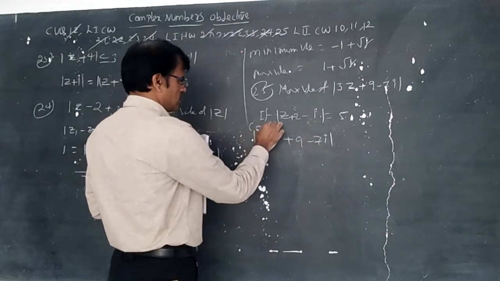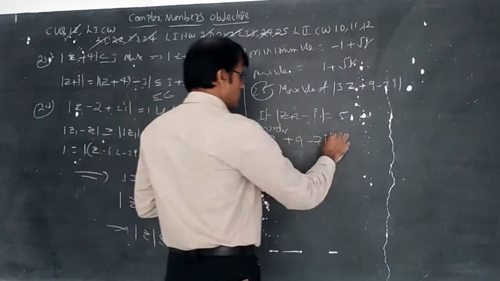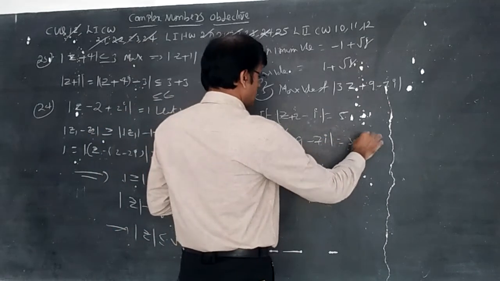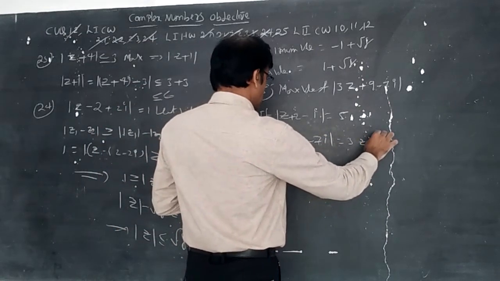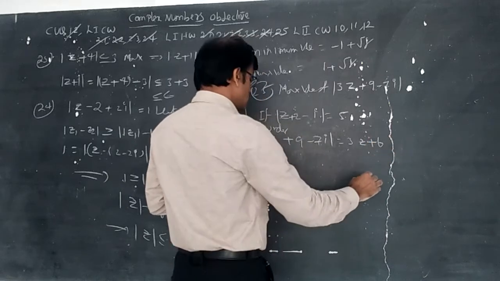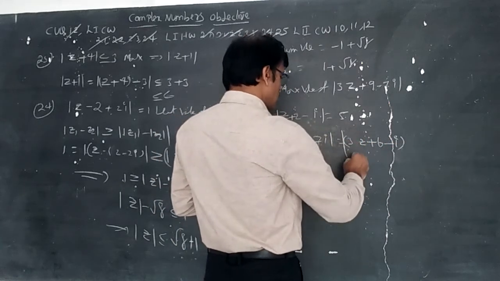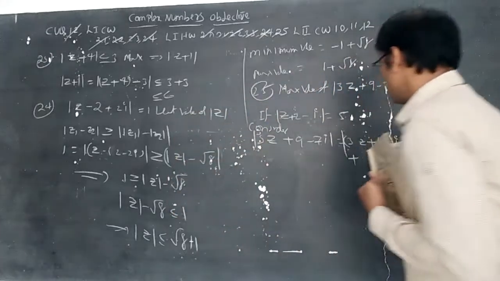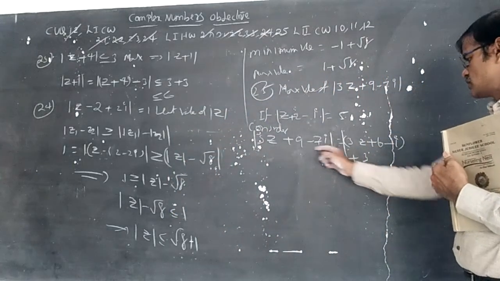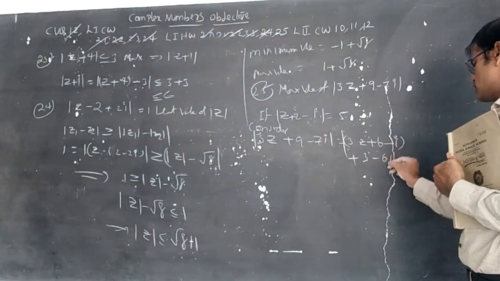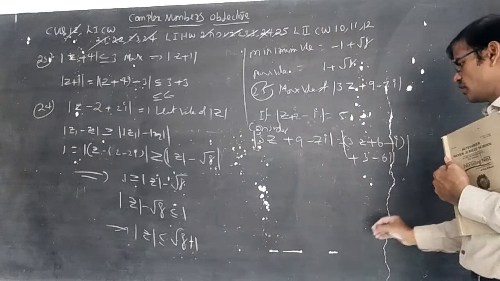Consider this one equal to 3z plus 6 minus 3i, keep aside, plus separately the remaining value: 3 minus 4i, over modulus.